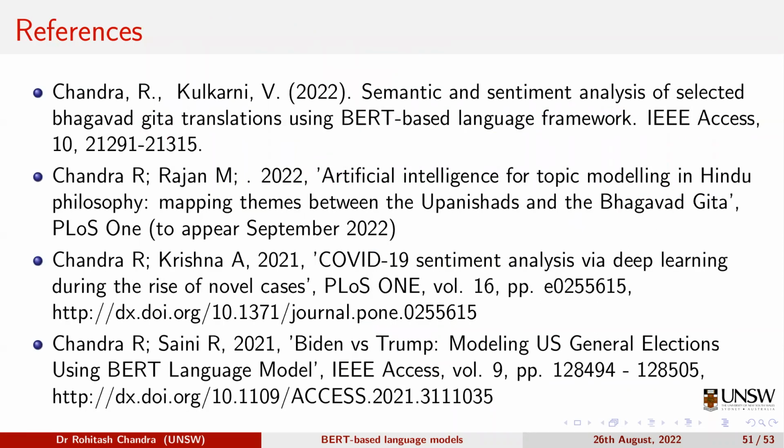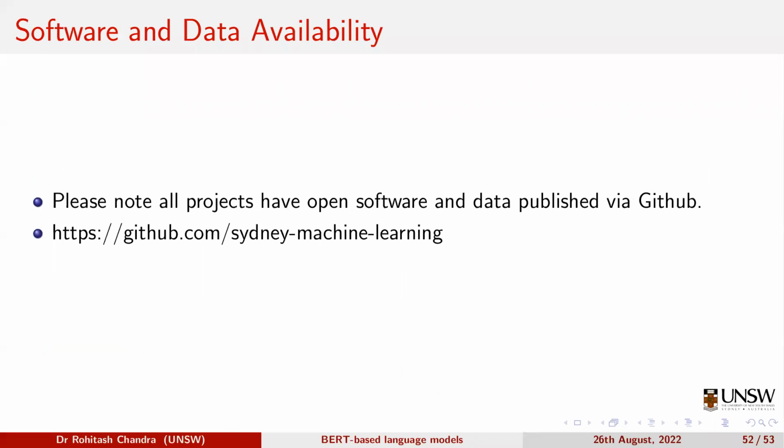So the papers: this one has already appeared, the second one in PLOS ONE. Sorry, I did not update it. There are some other related papers: the sentiment analysis with deep learning in PLOS ONE, and the Biden versus Trump sentiment analysis on the different electoral states of the United States elections.